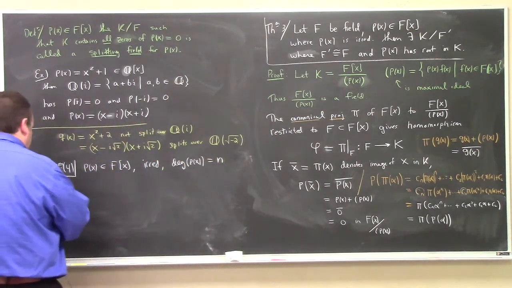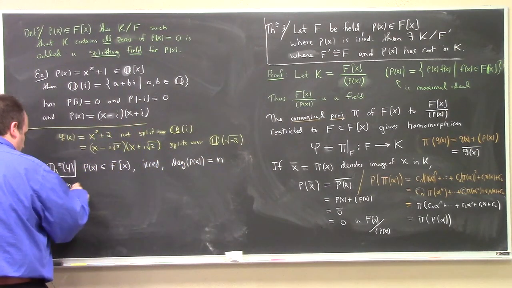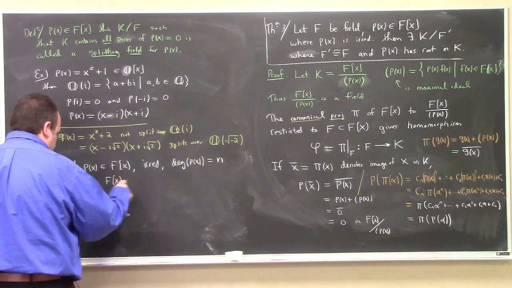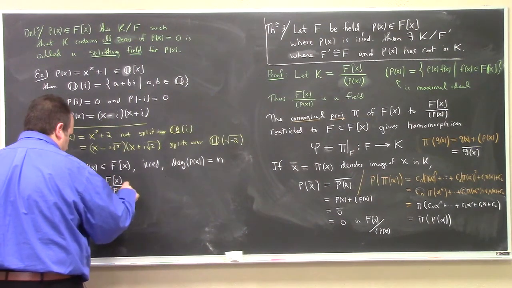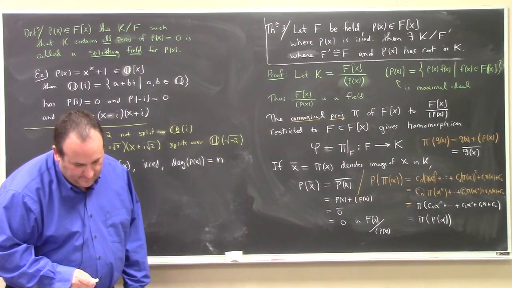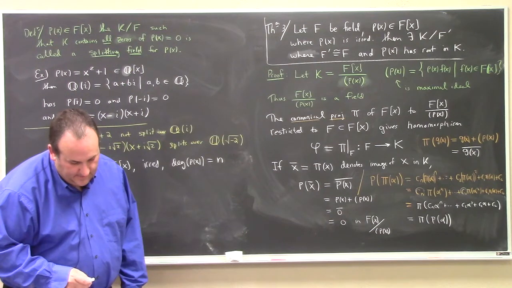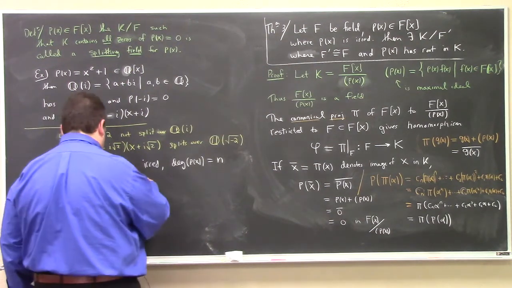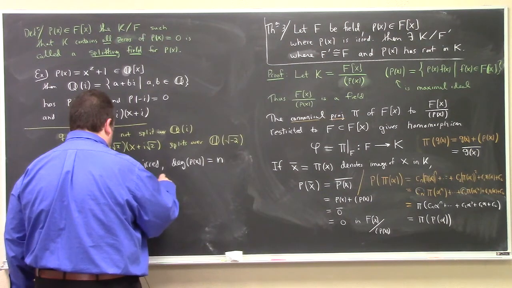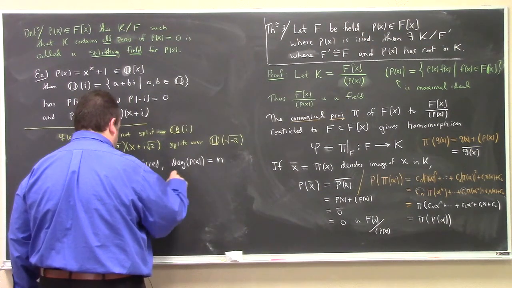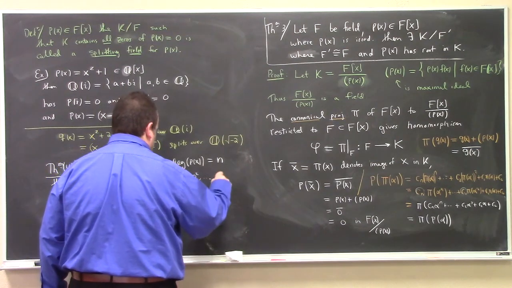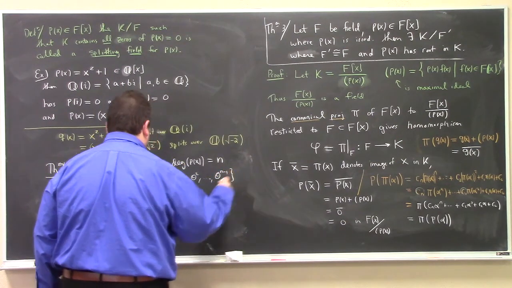Then K equals F of x mod the ideal generated by p of x has, I'll just write it this way, the F-span of 1, theta, theta squared, up to theta to the n minus 1.